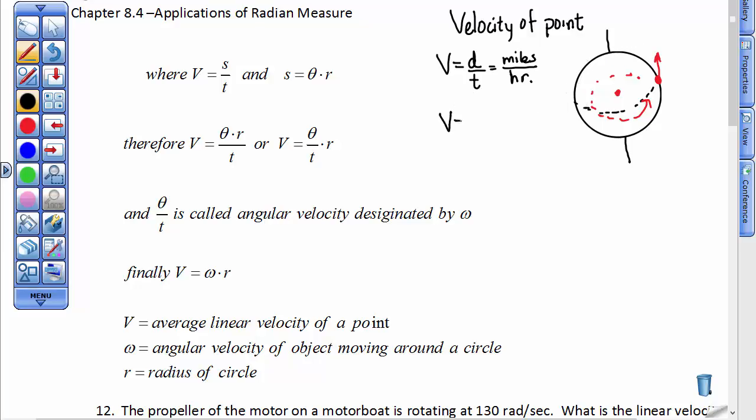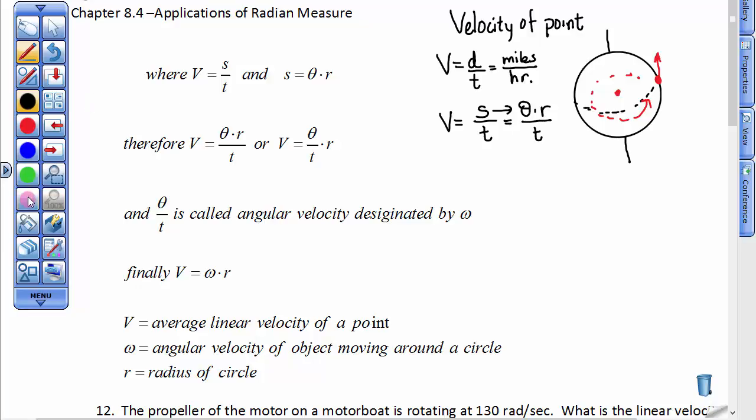So instead of using D, we're going to say S is the representation for the letter D here. So how far around the arc do we travel for a period of time? And then remember that the definition of S, which is that arc length, is theta times the radius. There's still time in the denominator.